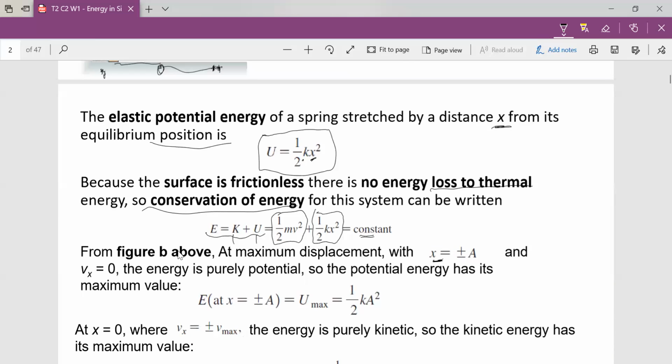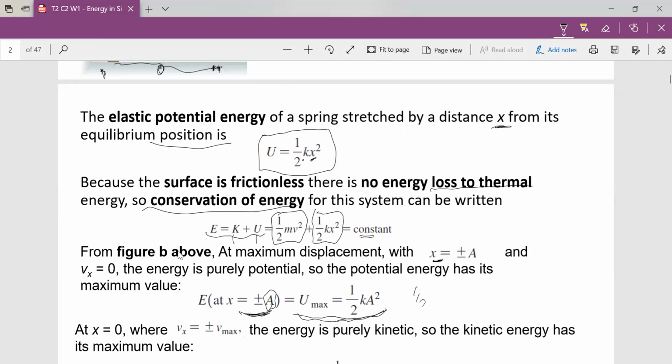At maximum displacement, either plus or minus A, the displacement is the amplitude, so the maximum potential energy is half kA squared.